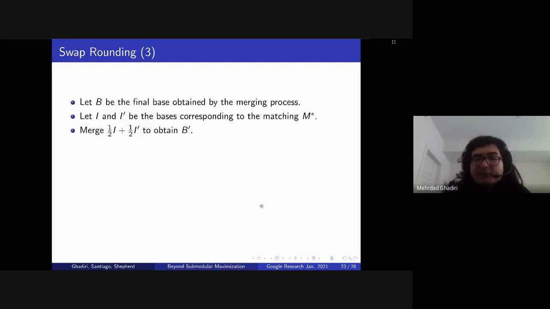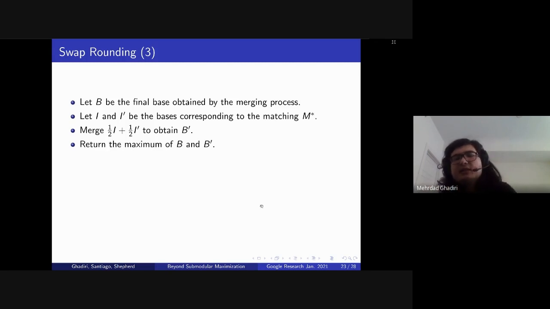It might seem weird that I just don't care about the vector anymore, and I define this point, half of I plus half of I prime, and then I merge them and I get this other base B prime. And then I return the best of B and B prime.